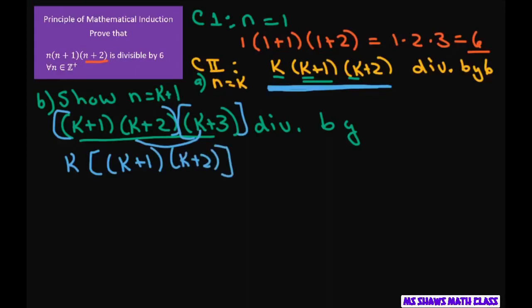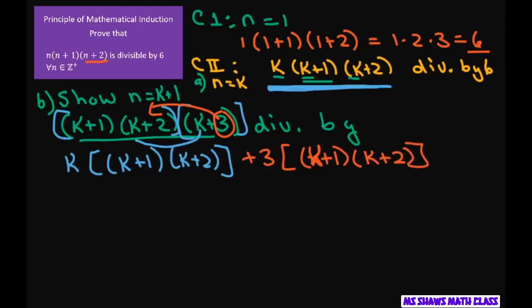Then I'm going to distribute the 3 to this part. So that's going to be plus 3 times k plus 1 times k plus 2.